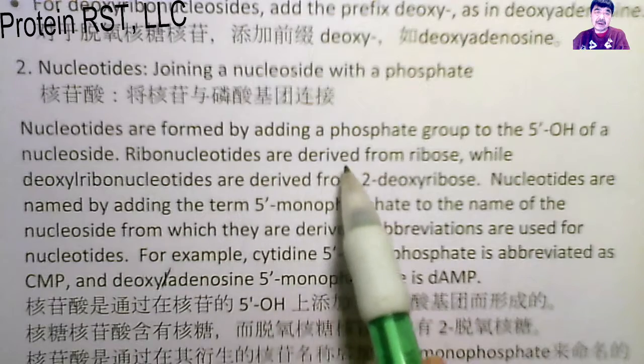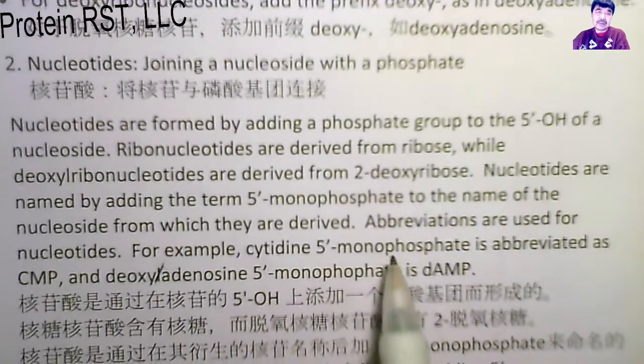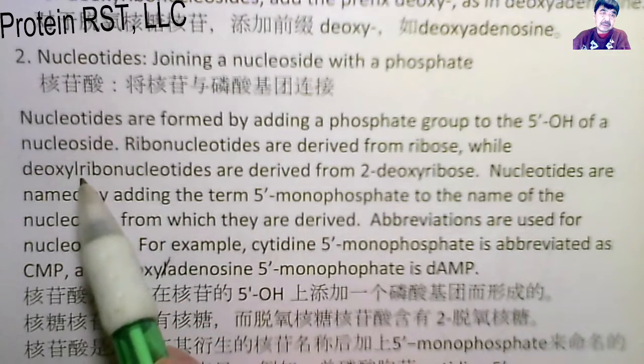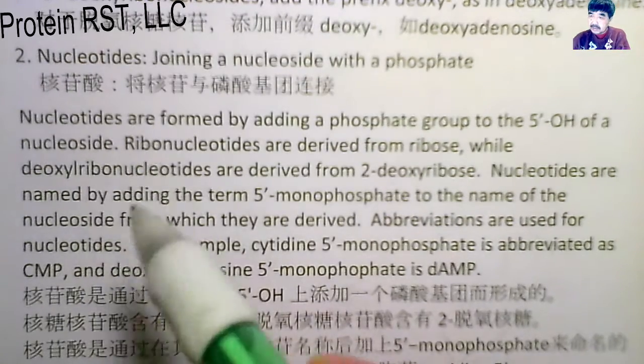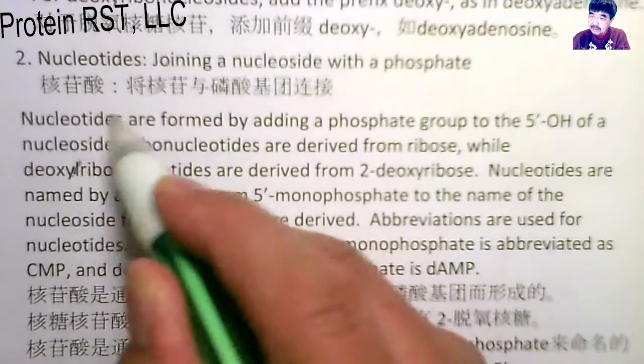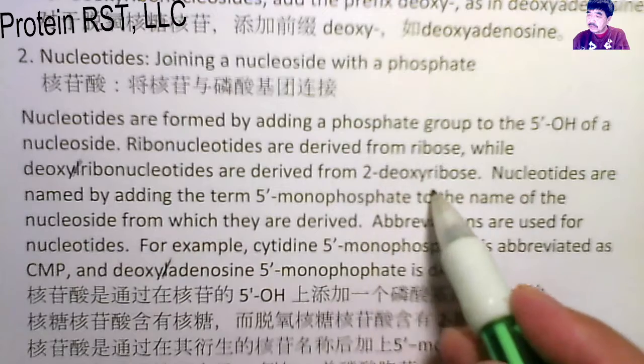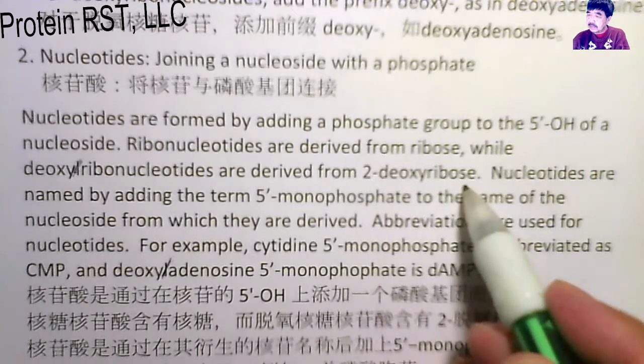Ribonucleotides are derived from ribose, while deoxyribose nucleotides are derived from 2-deoxyribose.